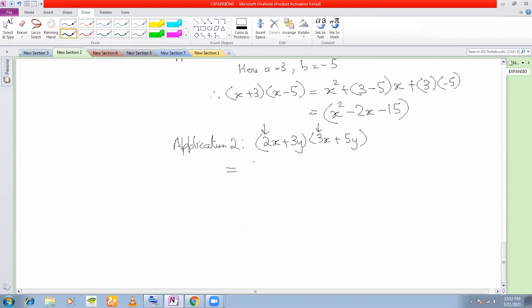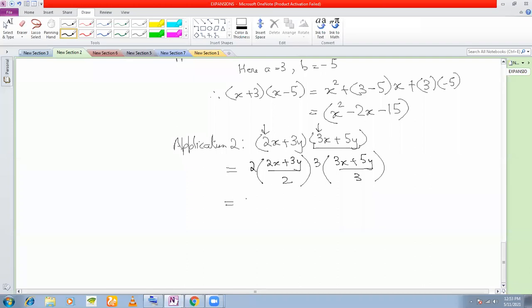From the first, I'll take 2 common, so I will have to divide the rest by 2. From the second one, I take 3 out, so I'll have (3x + 5y) divided by 3.